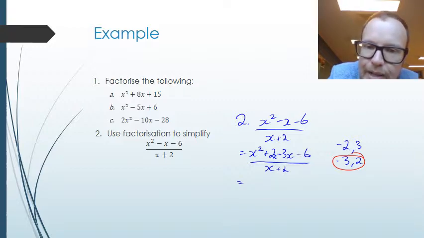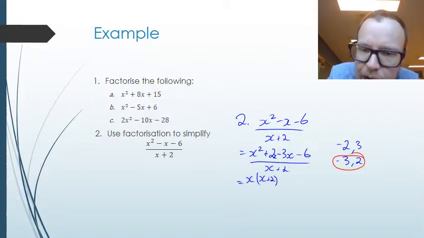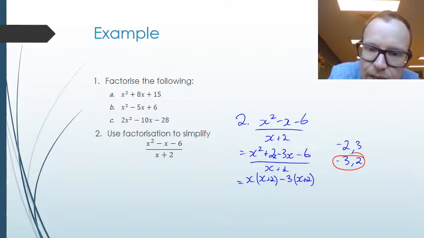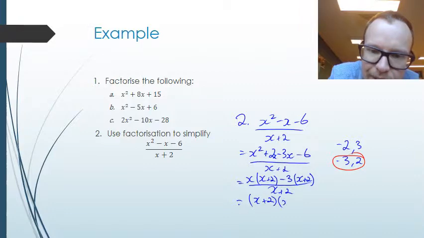And we will get a common factor of x out the front there, x plus 2. Minus 3 to get the factor of x plus 2 there over x plus 2, and then I'm left with x plus 2 being the common factor times x minus 3, over x plus 2.